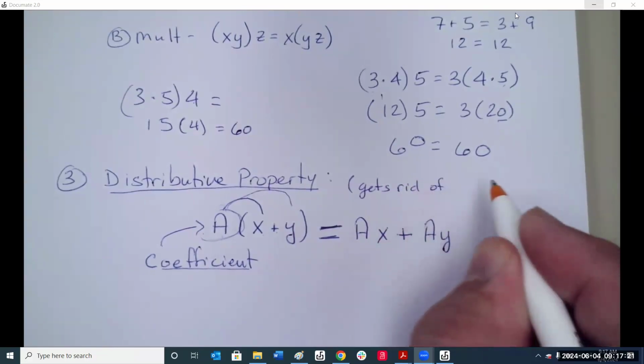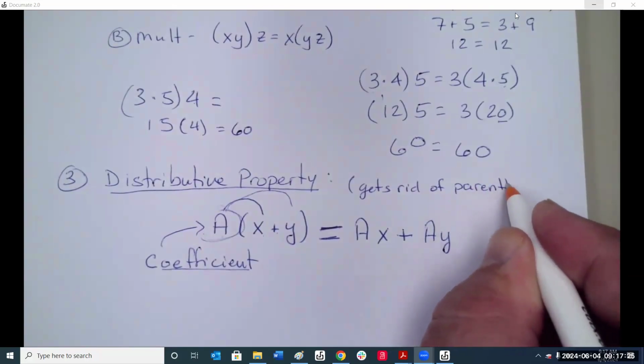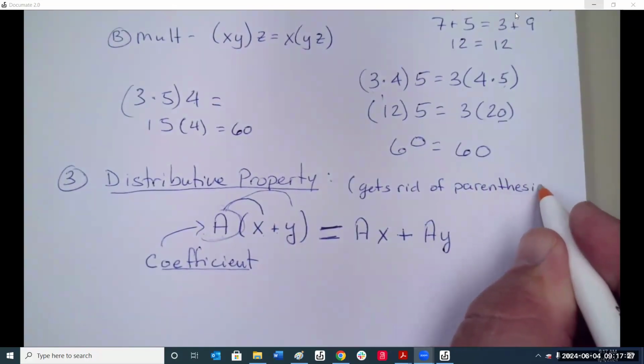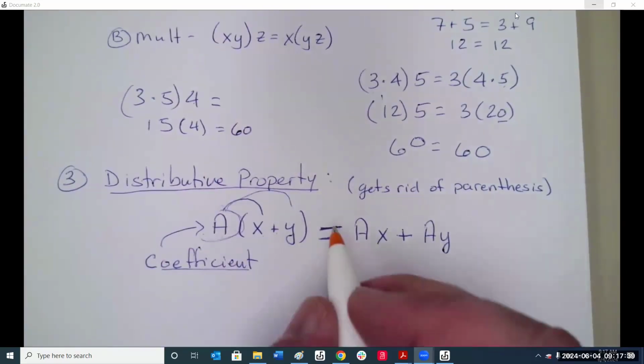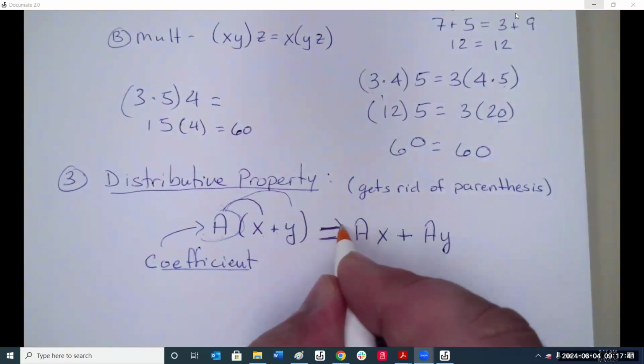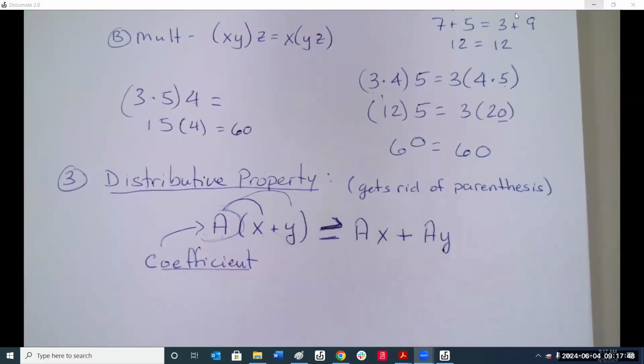We used to have parentheses, but here's the beauty of the distributive property. It has two purposes. If you go this way, that means you take this number and you expand it.